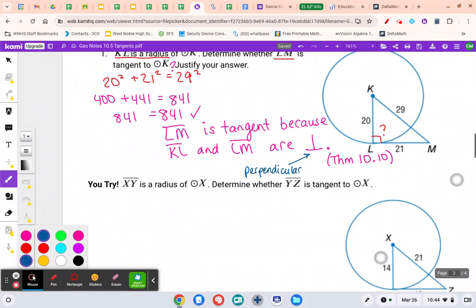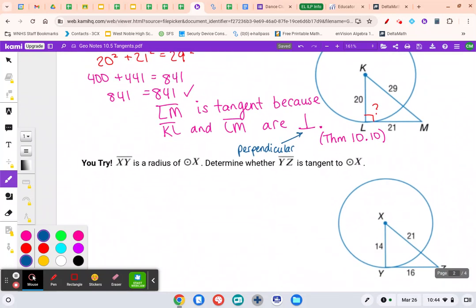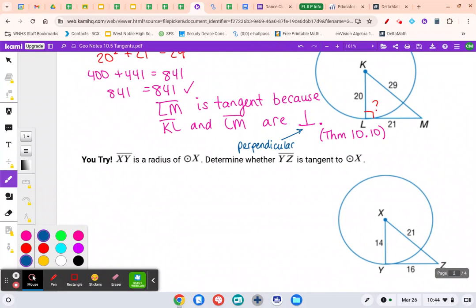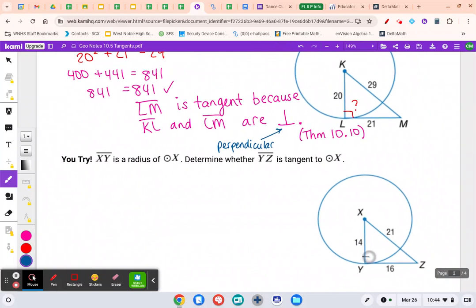All right, pause me again and try it yourself. Okay, hopefully you paused. Set up the Pythagorean theorem. You're trying to see if this is 90. So we have 14 squared plus 16 squared, and we don't know if it equals 21 squared. You're hoping it equals. If it doesn't, it's just not a tangent. It's not the end of the world. Go ahead and solve.